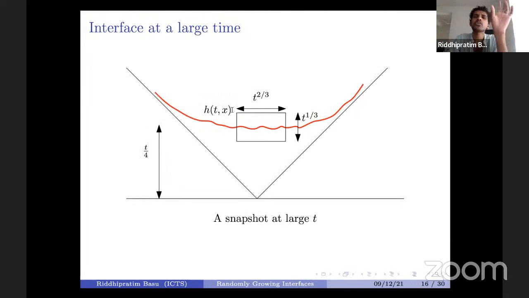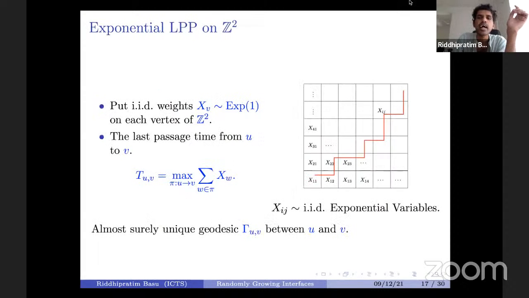Essentially, you should think of the last passage percolation model as the corner growth model rotated 45 degrees clockwise. I had this V shape. Now I rotate it 45 degrees clockwise, and then I get this picture of the first quadrant, and these numbers are independent and identically distributed. In each cell, I put an independent and identically distributed exponential random variable.